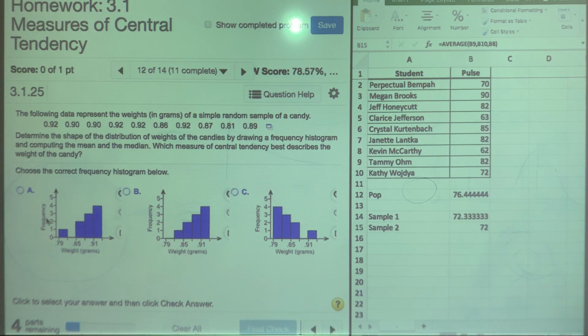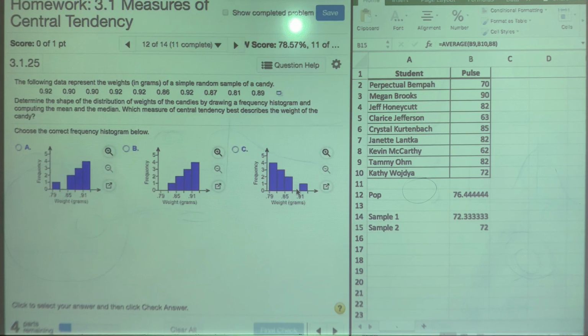Let's look at the next one. The following data represents the weights in grams of a simple random sample of candy. Okay, so I'm going to pull this data set up on Excel.